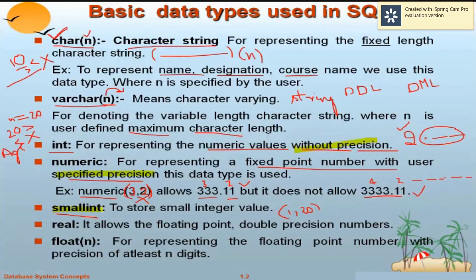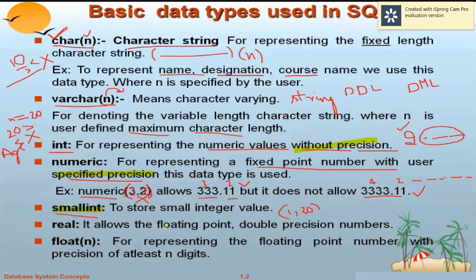If it has saved so much memory and you have entered only a small value, then effective use of memory is not encouraged in that case. So for that, you have a separate data type called small int to encourage only small integer values.